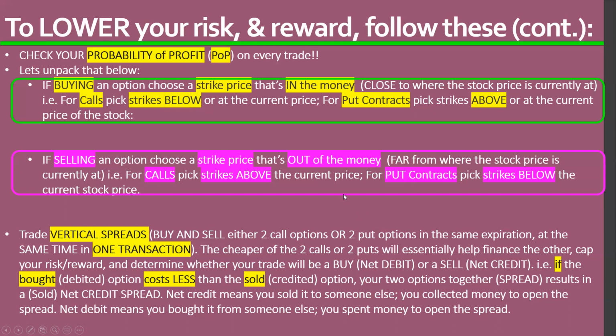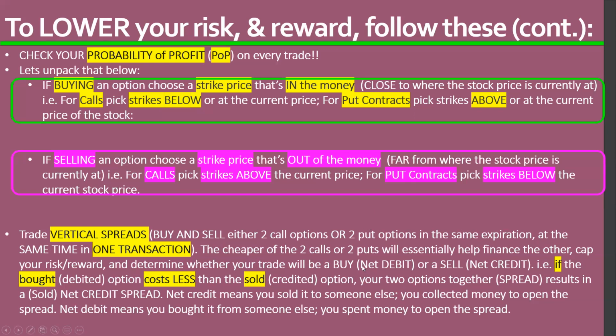So you're going to have 1 bought call and 1 sold call, or 1 bought put and 1 sold put at the same expiration, at the same time, all in one transaction. So the cheaper of the 2 calls or puts will essentially help finance the other, or it caps or limits your risk and reward. That's what we're trying to do here. We're trying to lower our risk. We want to sleep at night when we have these trades on.